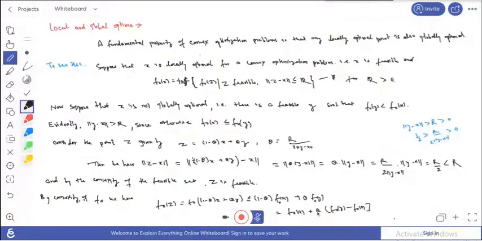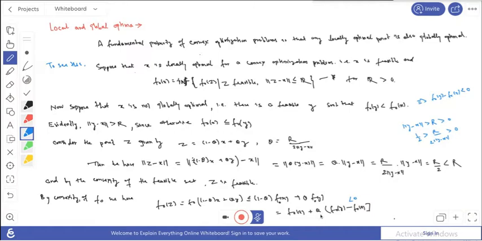Here theta is greater than 0. And f naught of y minus f naught of x: we assume that f naught of y is less than f naught of x, so this term is less than 0, it is negative.